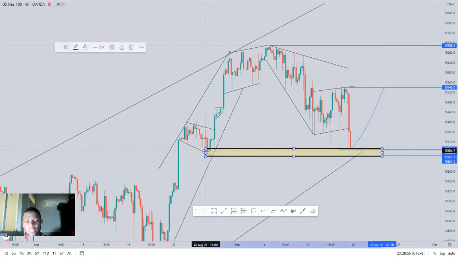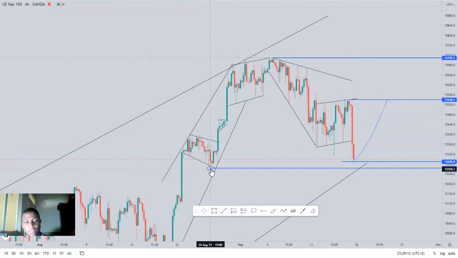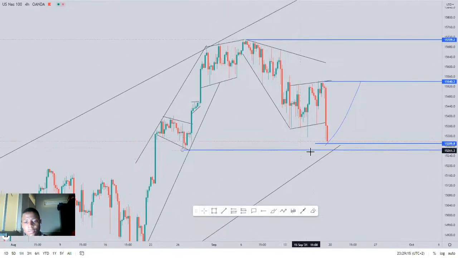I don't like to use this because the way I see this and the way someone else sees it, they're completely different, but it's fine. So I'll just delete this and cater for this low here, and then also this low here, for my horizontal lines.